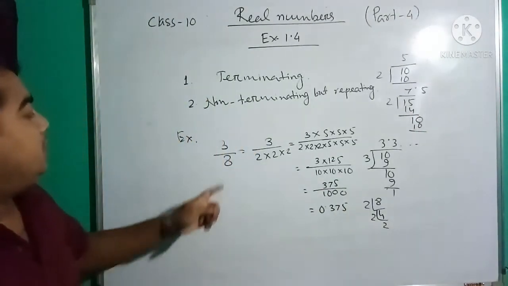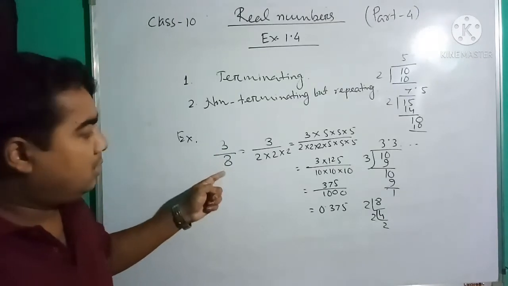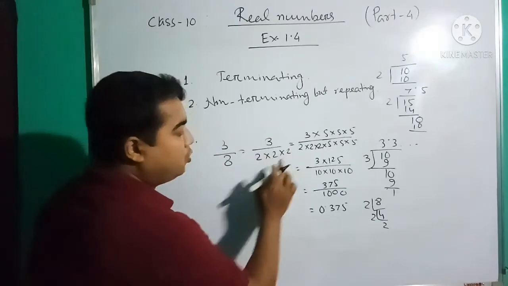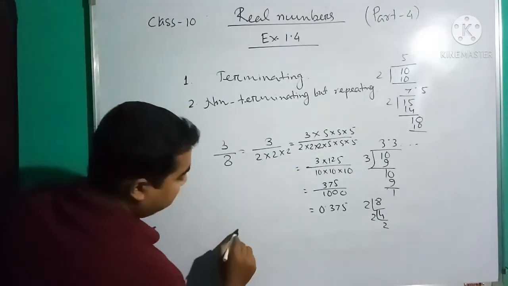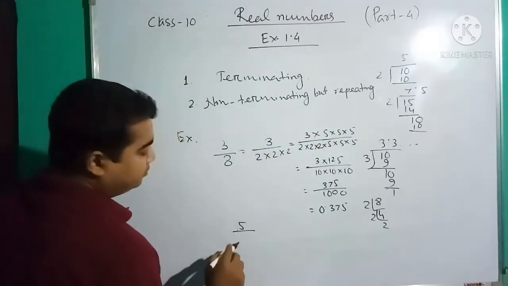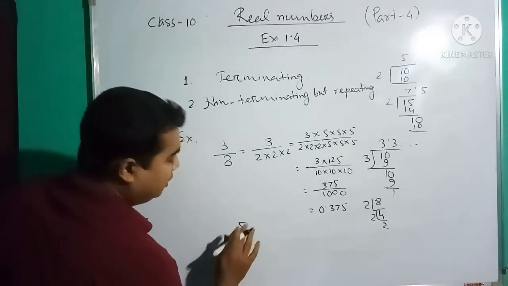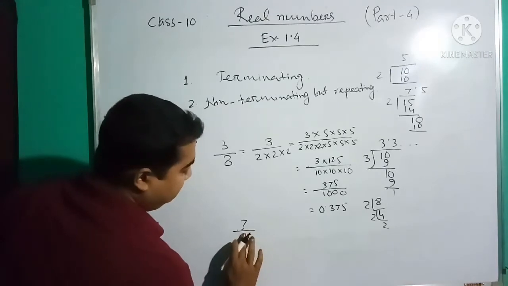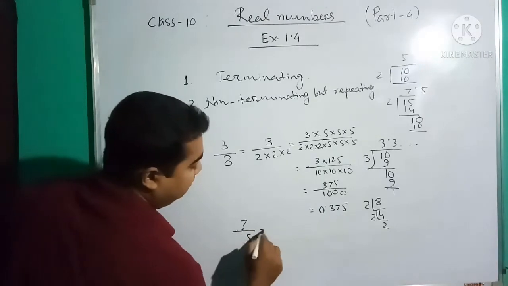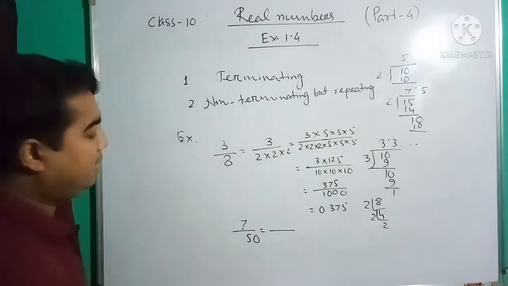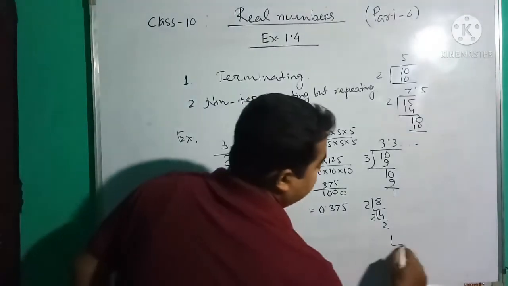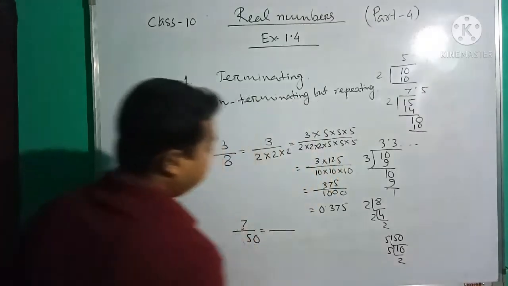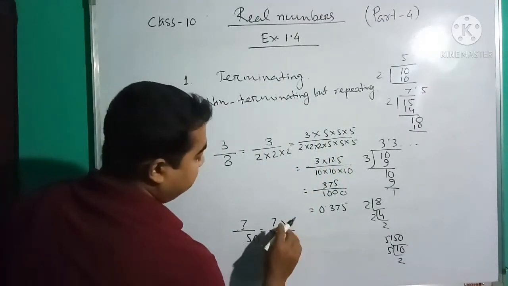Now see, the denominator was 8 and we got 0.375. It depends on these factors, 2 2 2. Again, one more example, 7 by 50. Factorize 50: 5 10s are 50, 5 2s are 10, so 2 into 5 into 5.